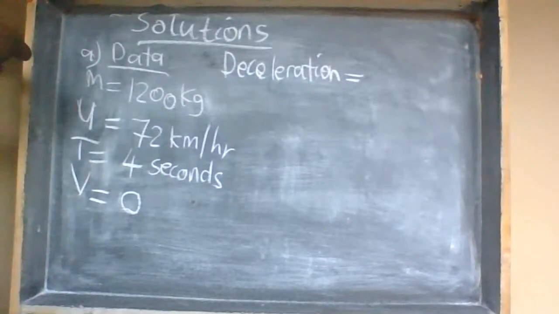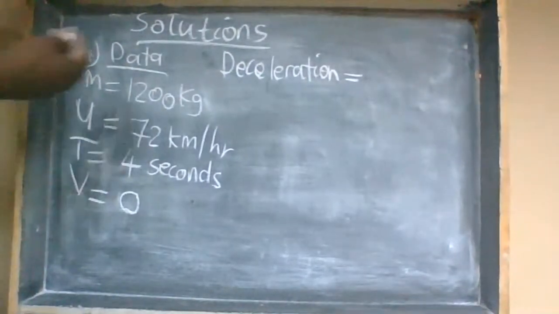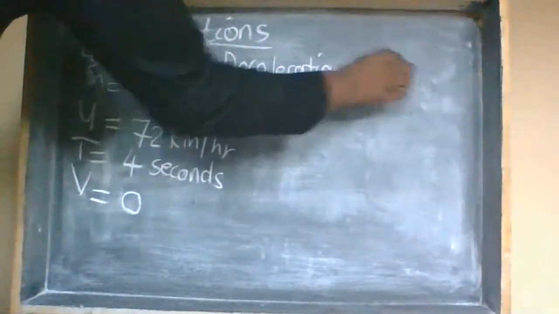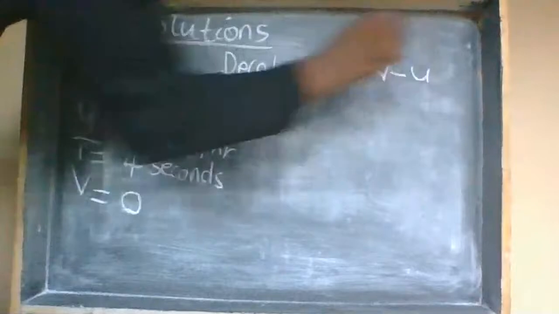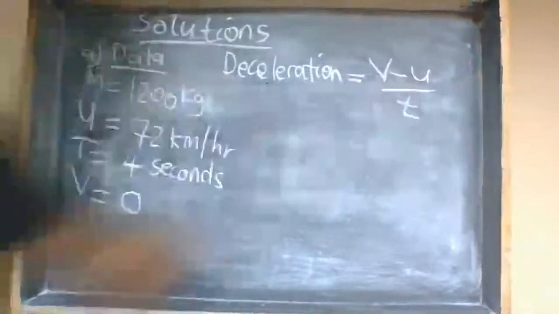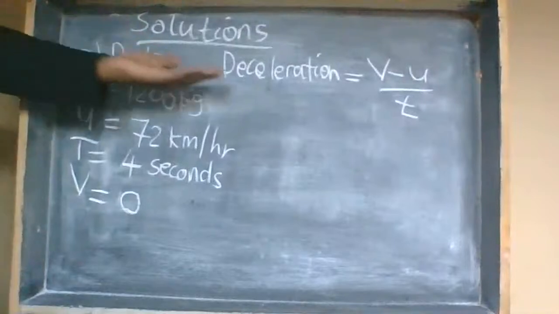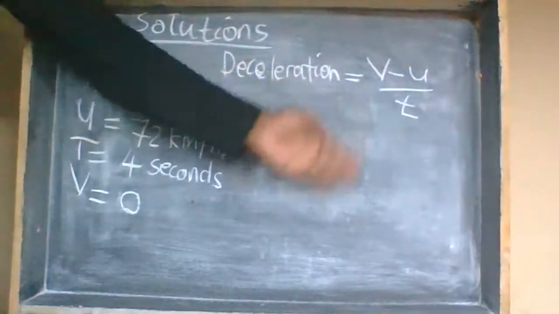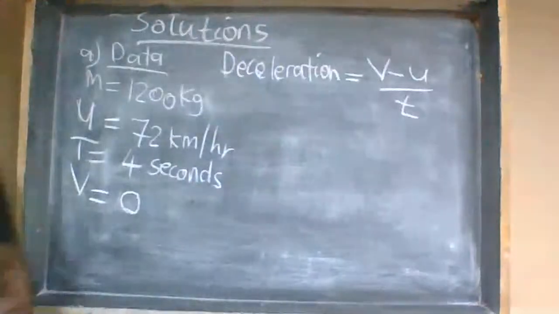That is the only difference, but the formula is always the same. Our formula is v, which is our final velocity, minus u, our initial velocity, over time. That is the formula for acceleration. In this case, we are calculating deceleration using the same formula.